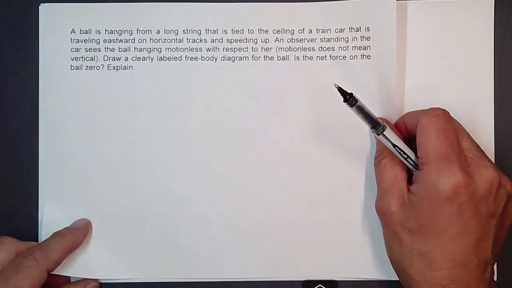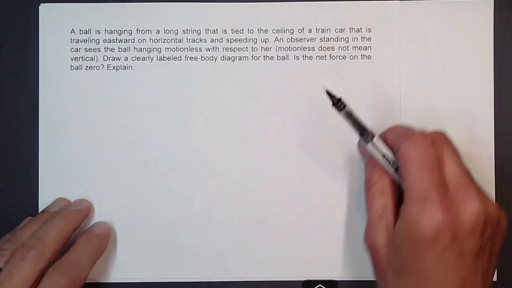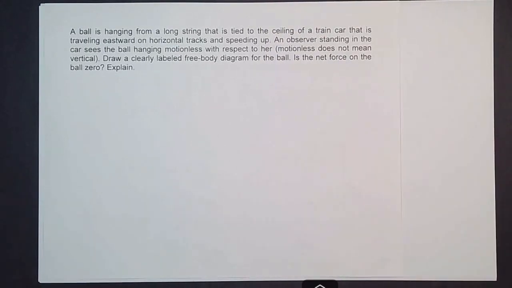Okay, let's see. Bicyclist, here's the last one. It's more of a conceptual thing. A ball is hanging from a long string that is tied to the ceiling of a train car that is traveling eastward on horizontal tracks and speeding up. An observer standing in the car sees the ball hanging motionless with respect to her.